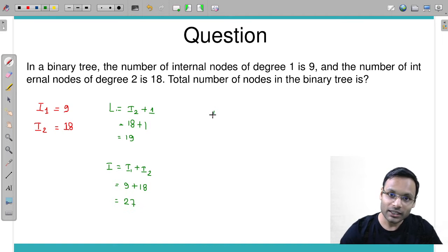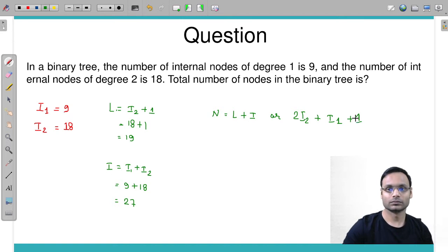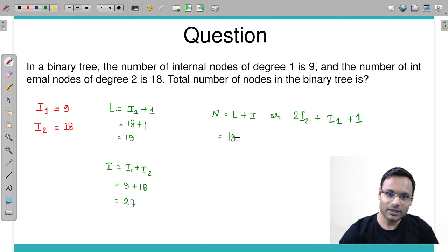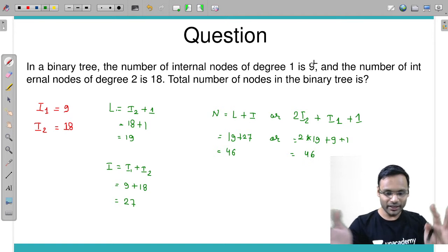Total number of nodes will be L plus I. In fact, you could have written directly 2 I2 plus I1 plus 1. It will be 19 plus 27, which is 46. Or with the other way, 2 into 18 plus 9 plus 1, which is also 46. So in both ways you can calculate.